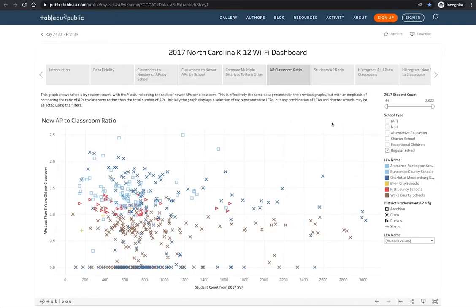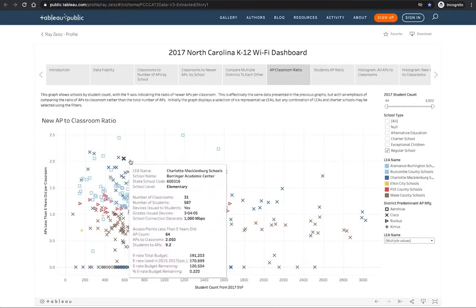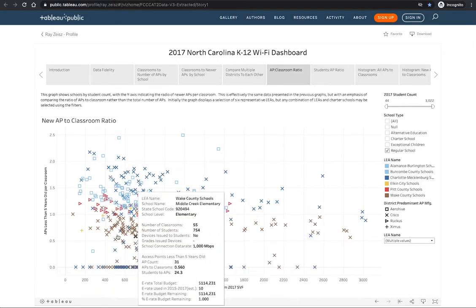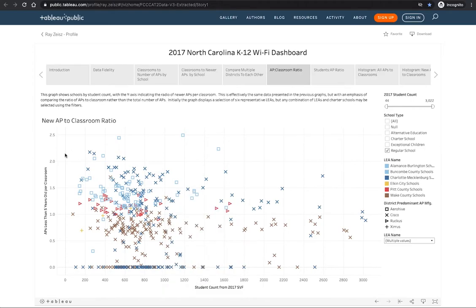The other way we looked at it was by the manufacturer of the devices, or the predominant manufacturer. So we have to be realistic that while a district might be on Cisco today, they might have had Aerohive, but if the predominant manufacturer was Cisco, then they'd be on here as an X. So this is still the almost ratio of classrooms to access points.